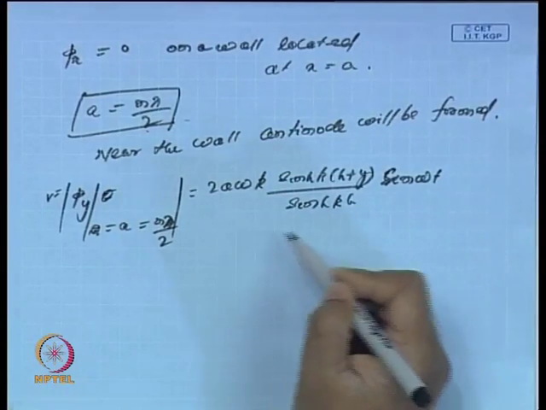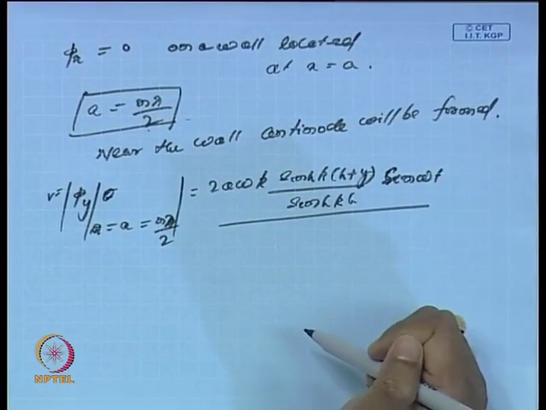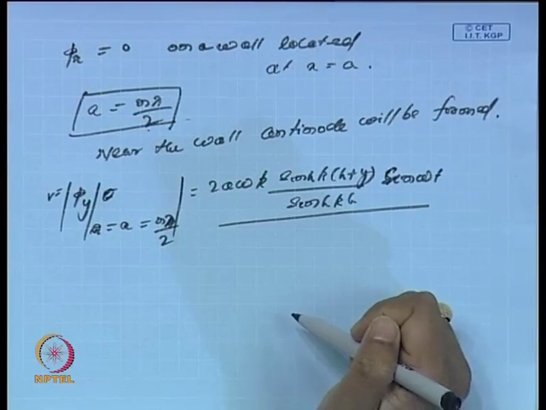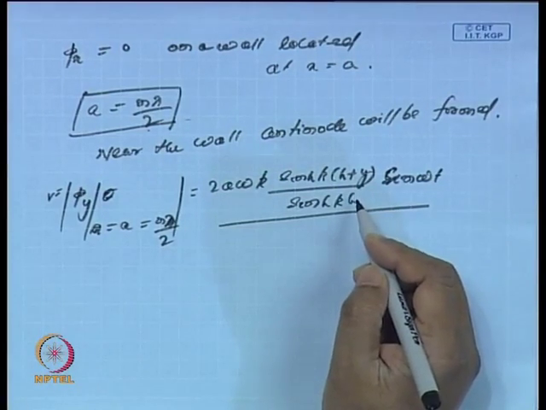This tells us that the vertical velocity v at that point becomes the maximum.